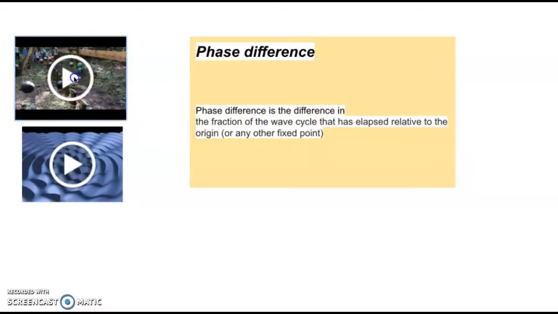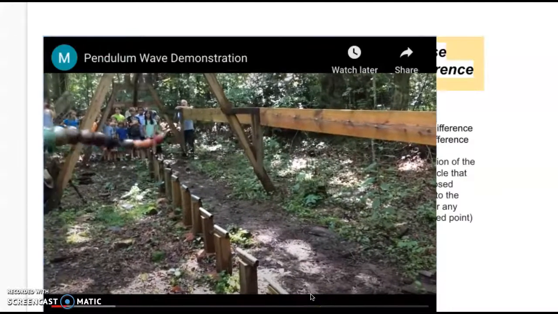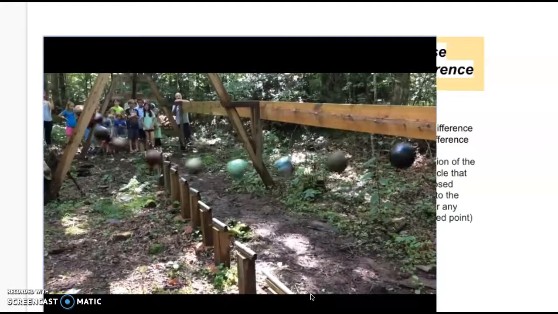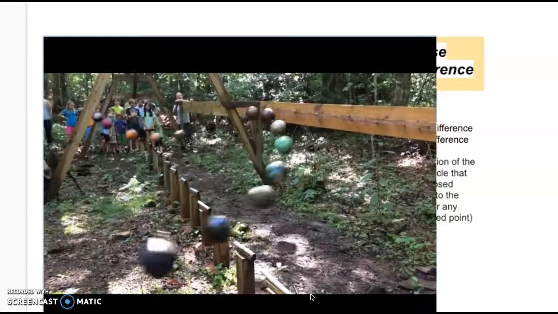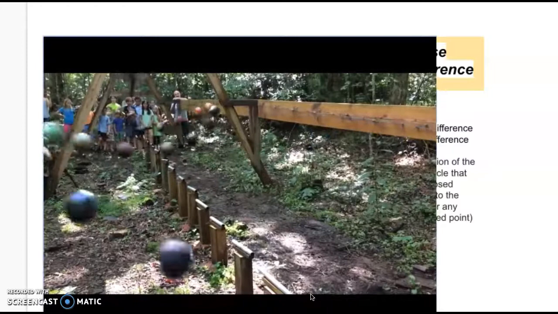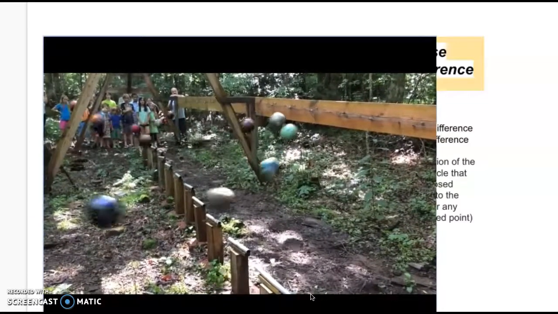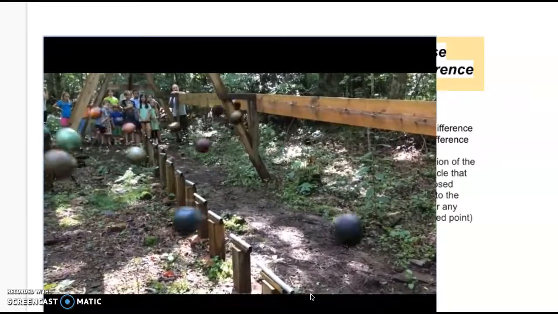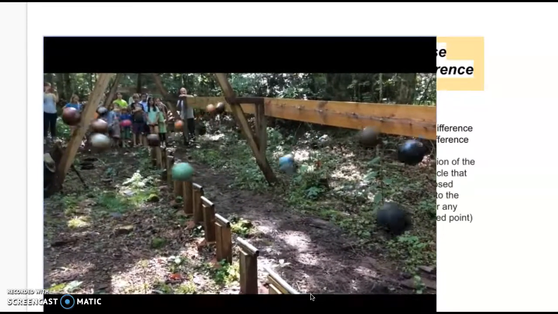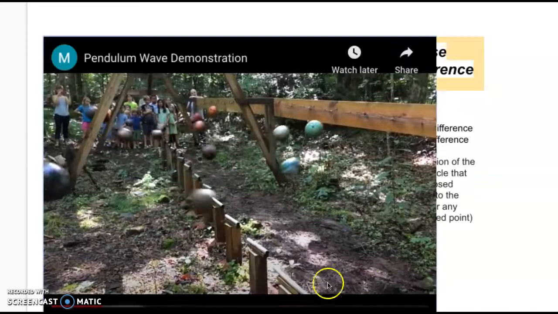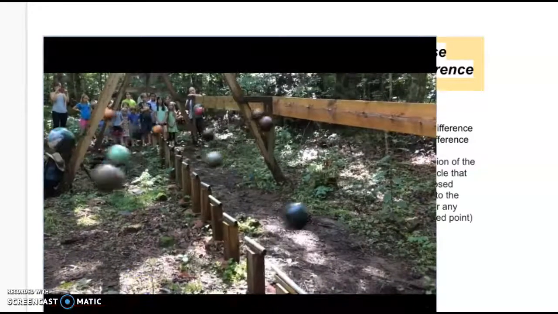So if we have a look at some of these videos, here we can see that all of these pendulums have a phase difference. That means they're all out of sync with each other. And that phase difference, in fact, is constantly changing. And that's why their difference in the cycle is increasing. Now that was in oscillations.